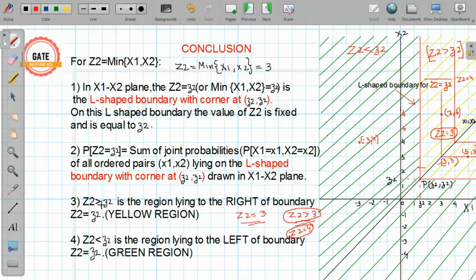So hence we can conclude in the third point that capital Z2 greater than small z2 is the region lying to the right of the boundary capital Z2 is small z2.